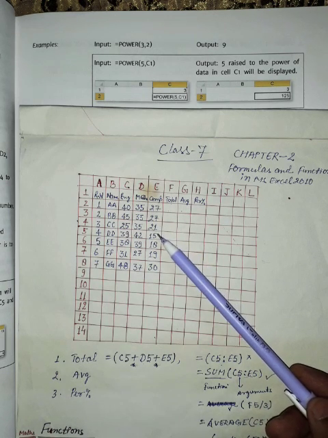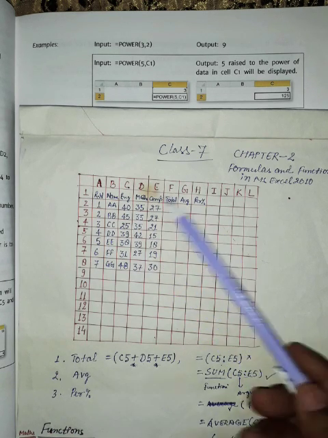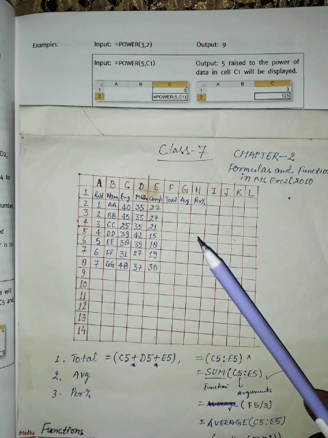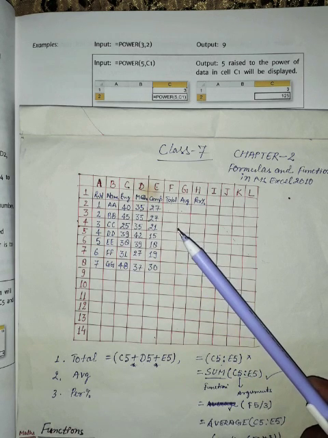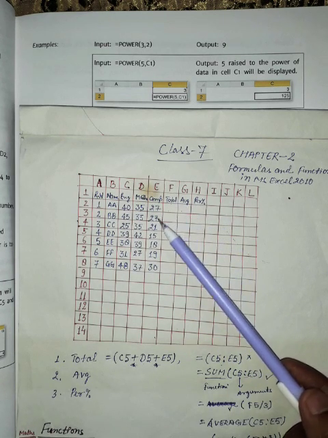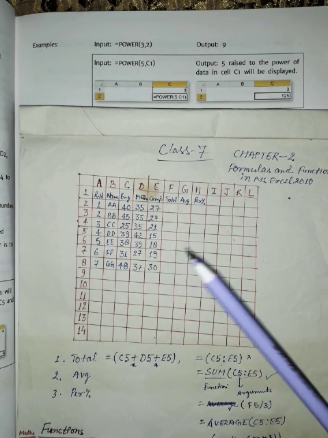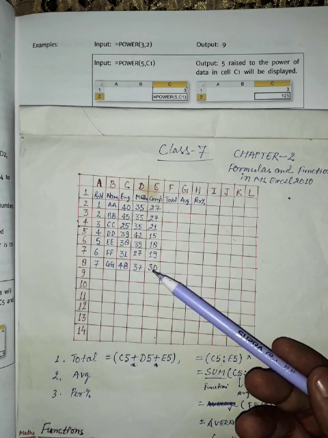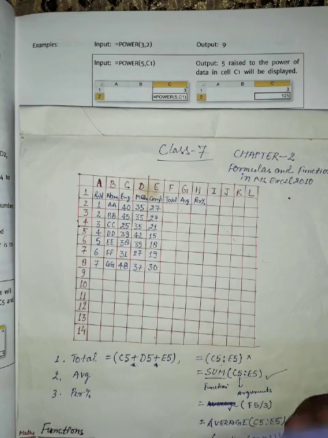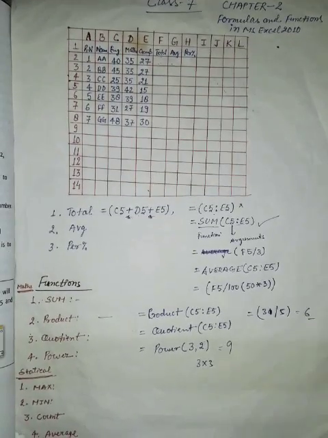It is very easy here with six students, but suppose there are lots of students, more than 100 students, then it will be difficult to find out the highest marks. So there is a very easy way to find it out. So how can we do that?